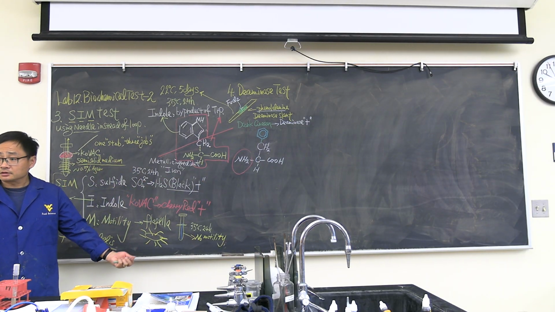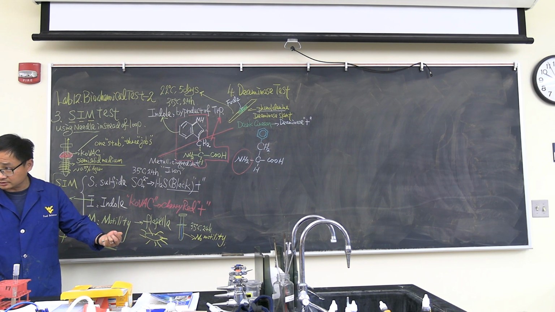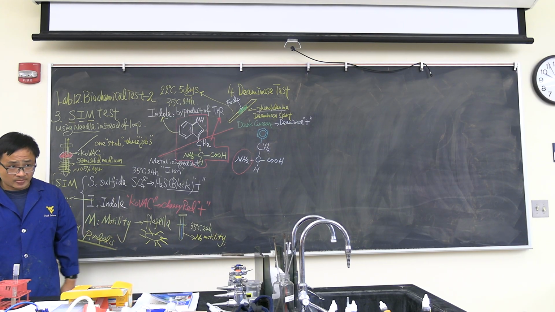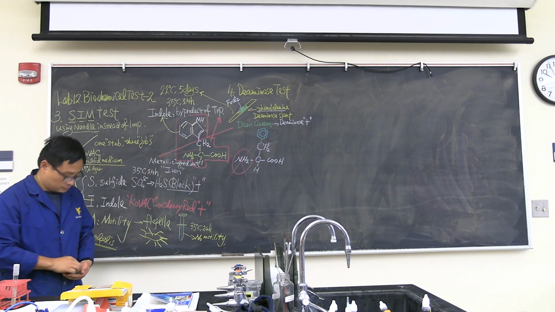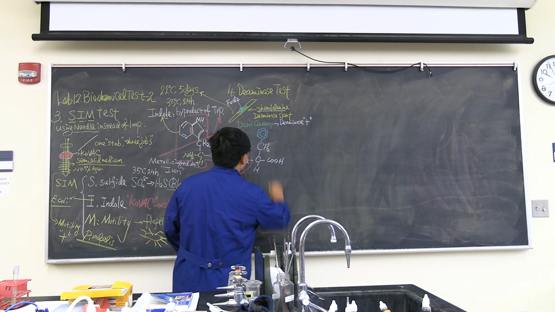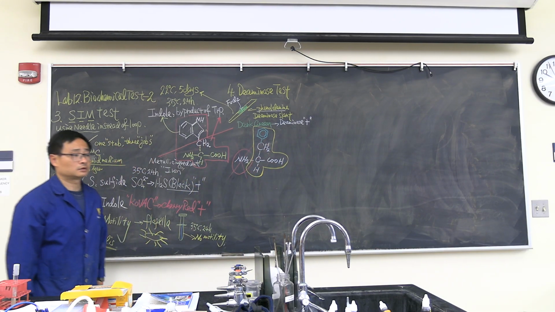So what this means? Which means in certain circumstances, bacteria can use amino acid to survive. And once it's using amino acid, this deaminase, this is gone. So the rest is this guy. What is this?